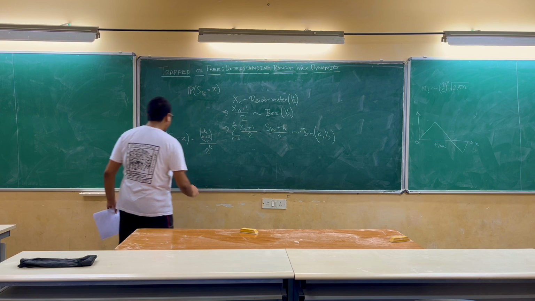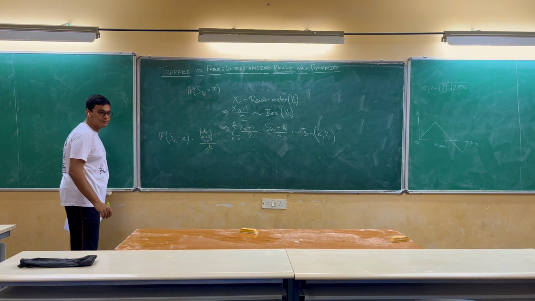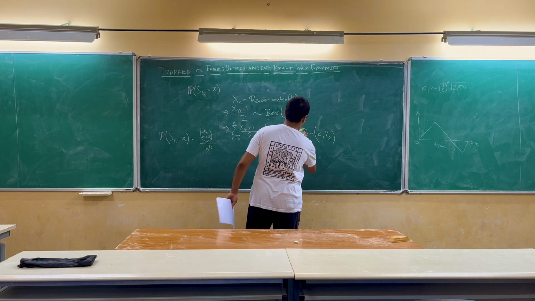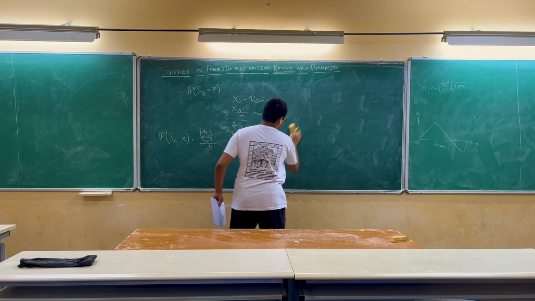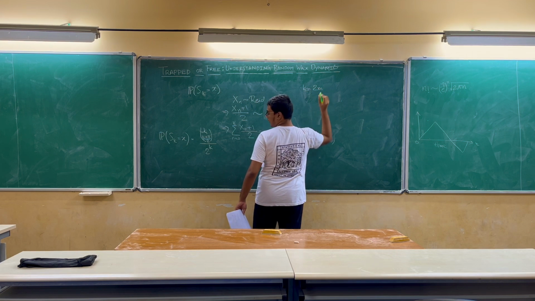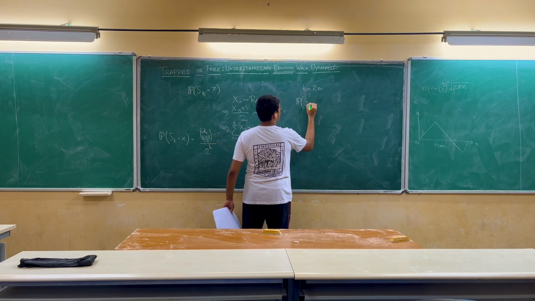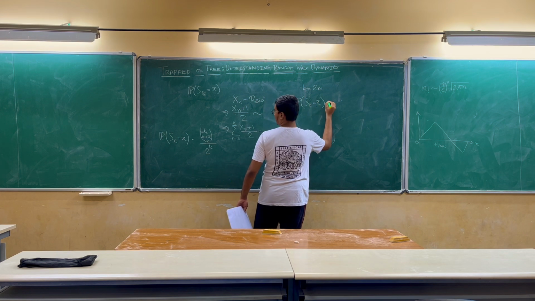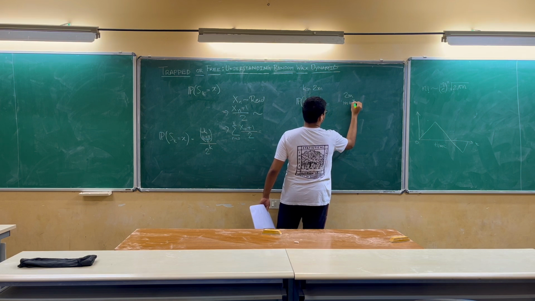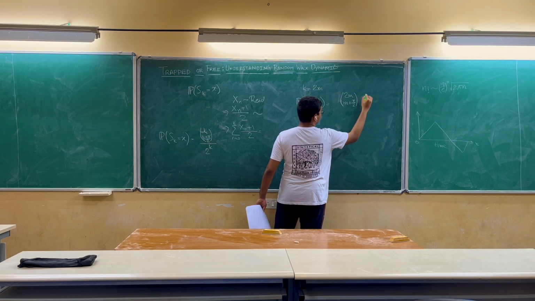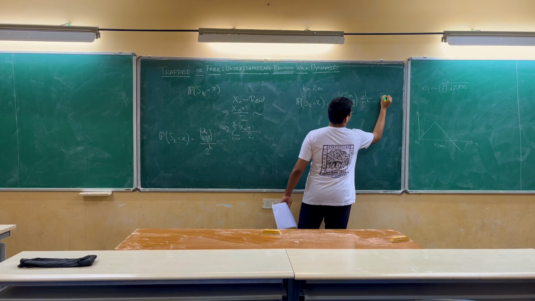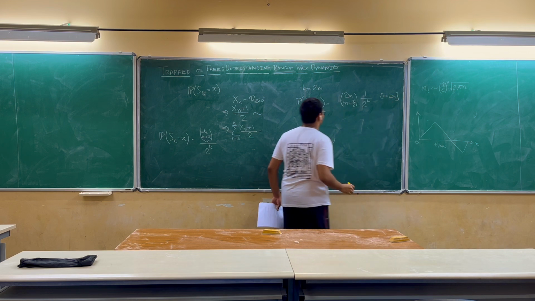Now what happens if k is even? Let's consider the case where k is even. If k is of the form 2m, then we can write this probability as 2m choose (2m plus x) by 2, over 2 to the power k, and k is equal to 2m, which we already know.